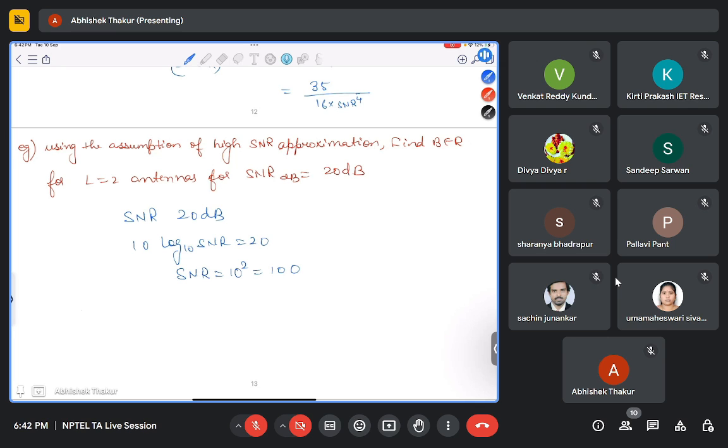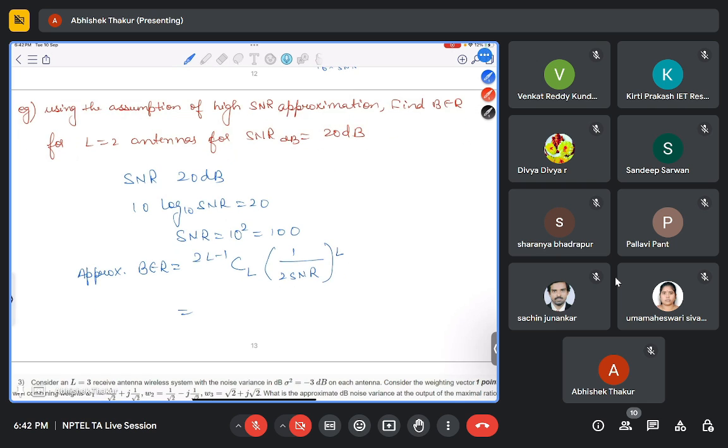Now what is the formula of approximate bit error rate? That is equal to 2L minus 1 C L, 1 by 2 into SNR to the power of L. So L is 2 here. So we will substitute: 4 minus 1, 3 C2, 1 by 2, and SNR is 100.